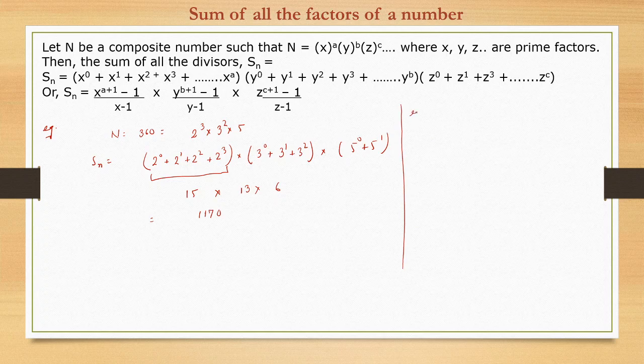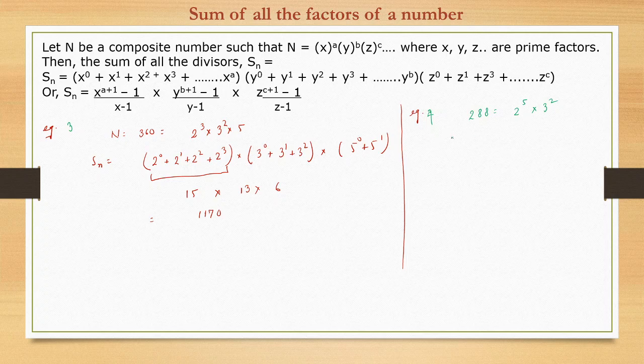Similarly, let's see another example of 288. 288 we can write as 2 raised to power 5 into 3 raised to power 2, right?